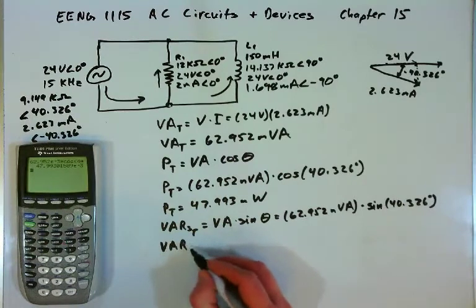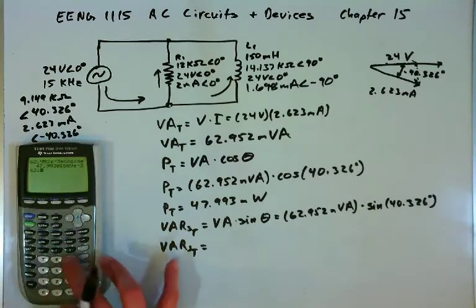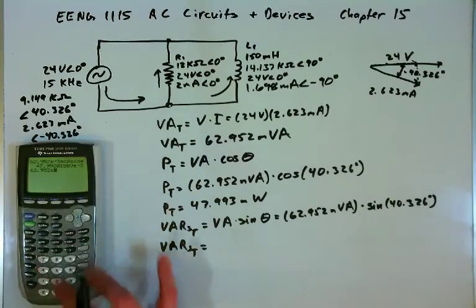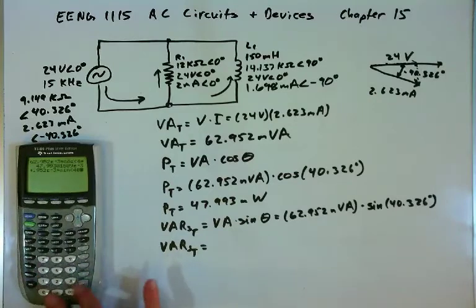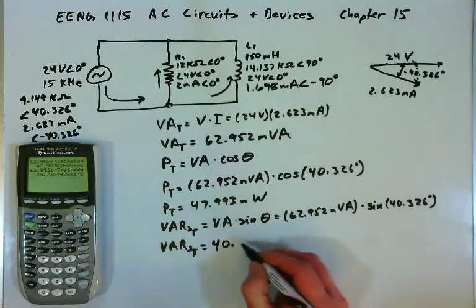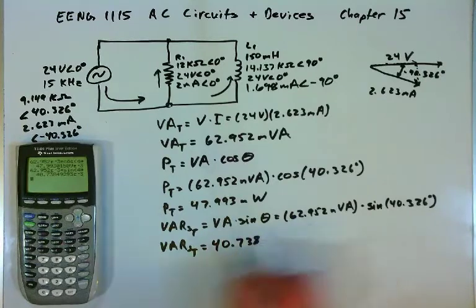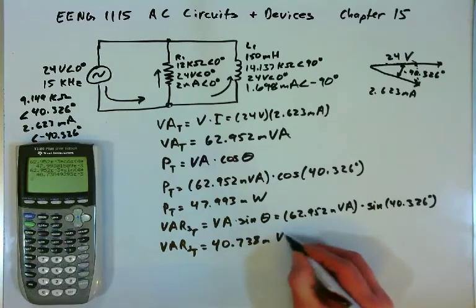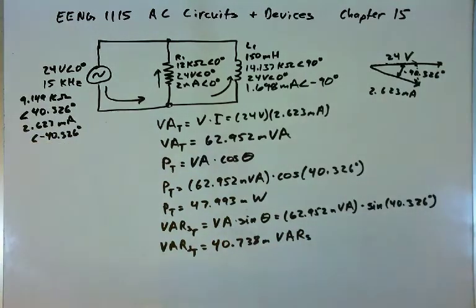And so our volt amps reactive, or VARs, total for the circuit will be 62.952 milli times the sine of 40.326 degrees. And so we get 40.738 milli volt amps reactive, or VARs.